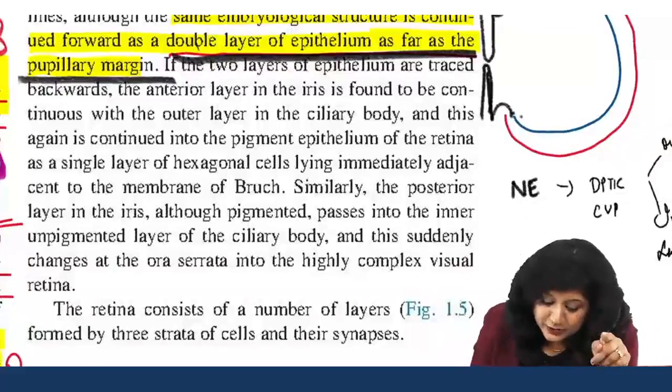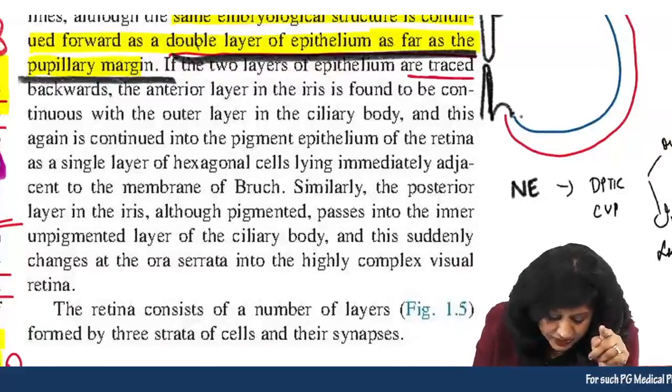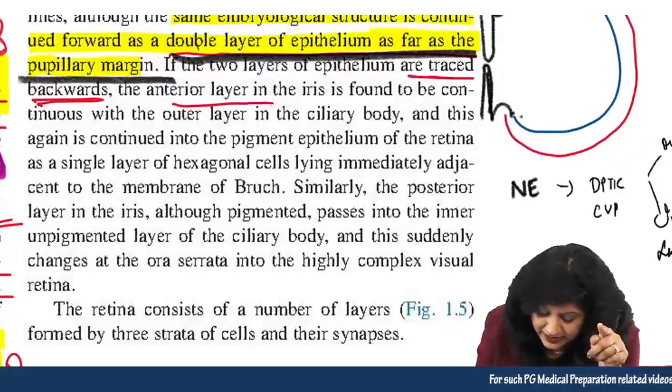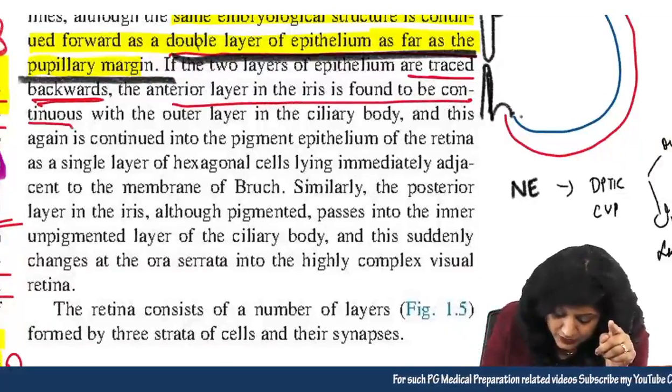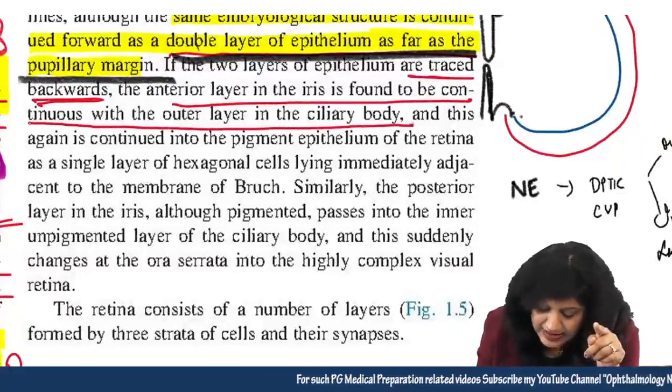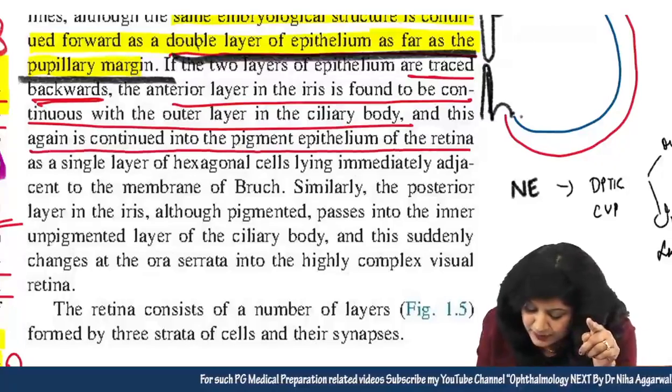If the two layers of the epithelium are traced backwards, the anterior layer in the iris is found to be continuous with the outer layer of the ciliary body, and this again is continuous with the pigment epithelium of the retina.